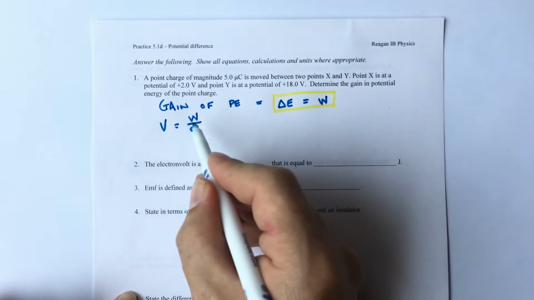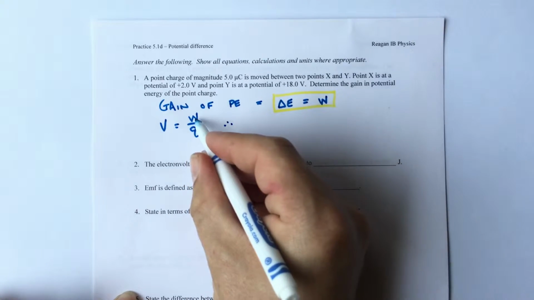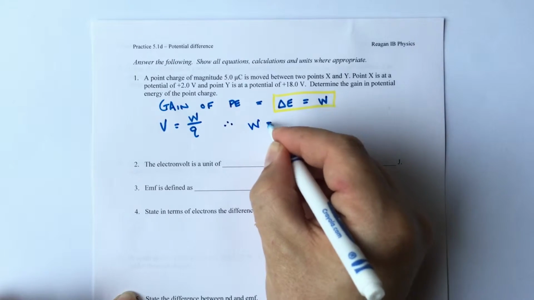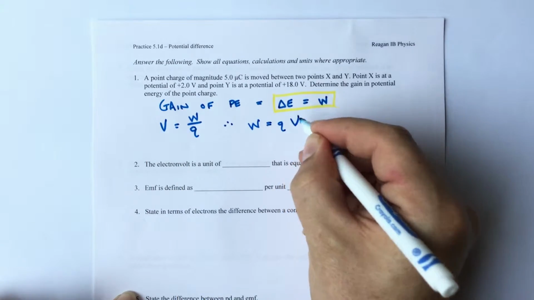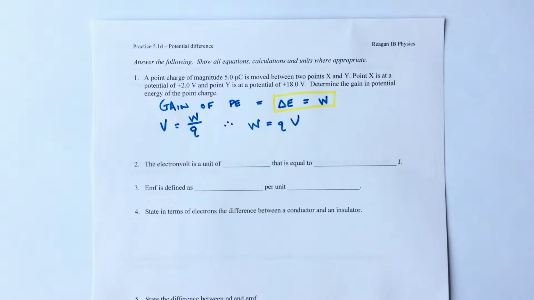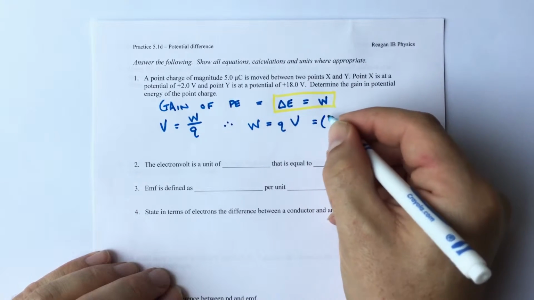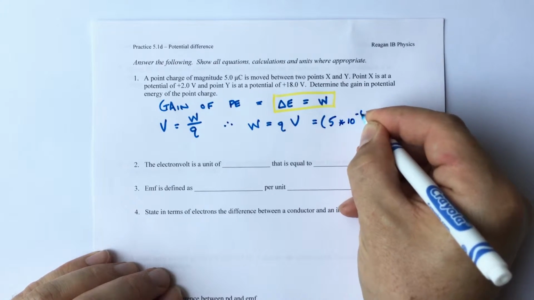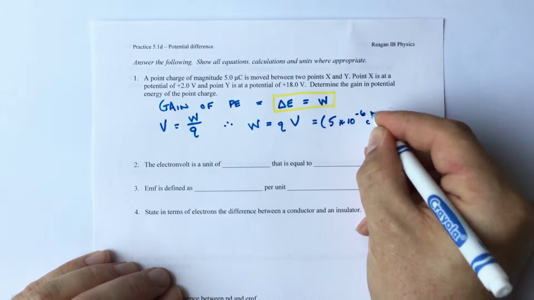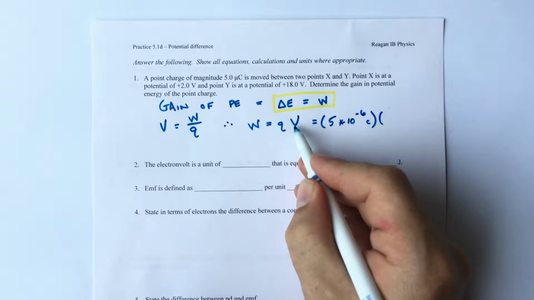That's our work. If we solve this equation for work, we can say, therefore, work is equal to a charge, right? Multiply both sides by Q, times a potential difference, right? A charge times a voltage. And we can substitute in some numbers here. We have a charge of 5 micro, that's times 10 to the negative 6 coulombs, times a potential difference.